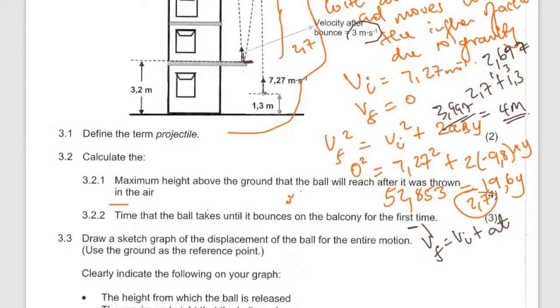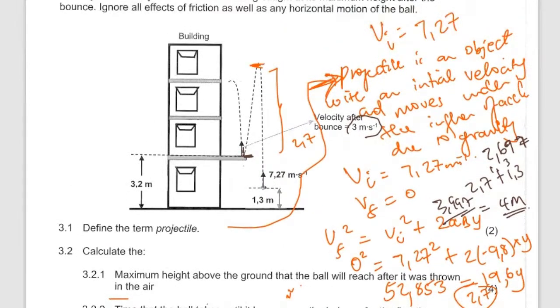Because what I can do is, if now the velocity of this mass is zero, I don't know the velocity at this point, because that is up to the bounce, which is not going to make sense.